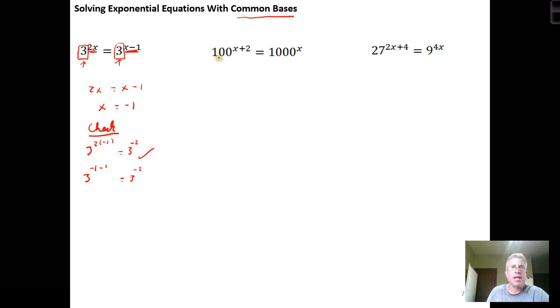In the second example, what we want to notice is that we have an exponential expression on the left side and an exponential expression on the right-hand side. We have the variables in the exponent position, but the bases do not match.